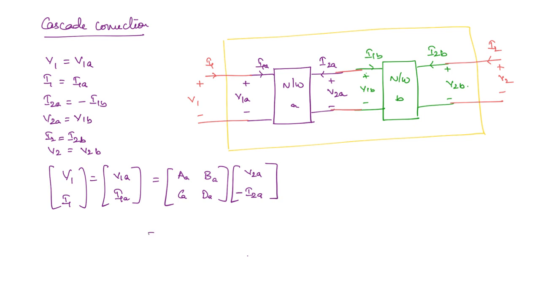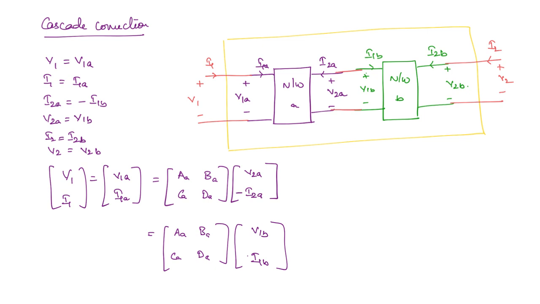Okay. So now what will this be? These ABCD parameters will be as it is. Now V2A and I2A we will write in terms of the next two-port network, V1B and I1B. What is V2A? V1B. And what is minus I2A? It is equal to I1B.